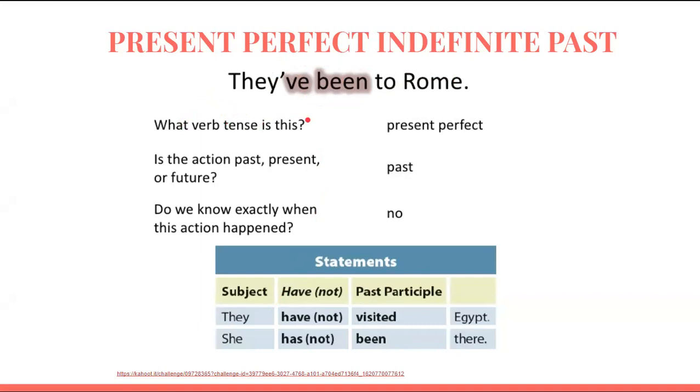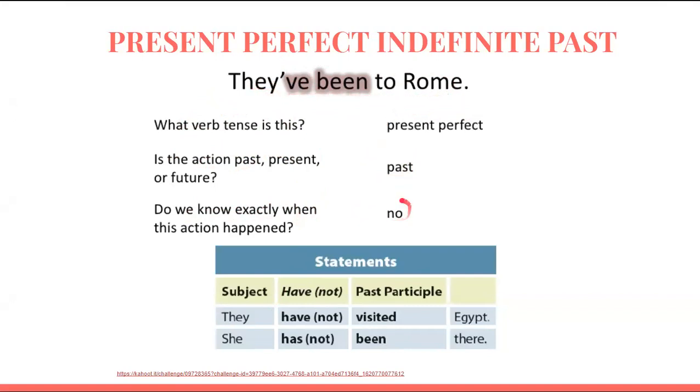What verb tense is this? Present perfect, right? Because we can identify the auxiliary. Is this action past, present, or future? It's past. And do you know exactly when this action happened, Leandro? No, teacher, we don't know.